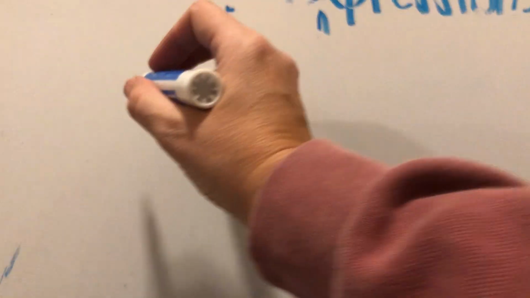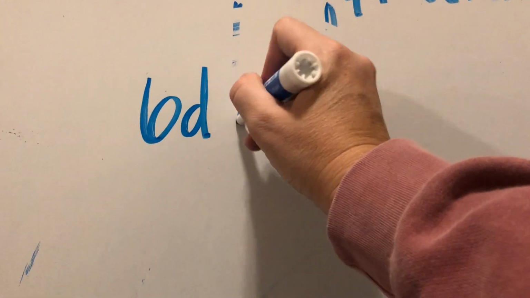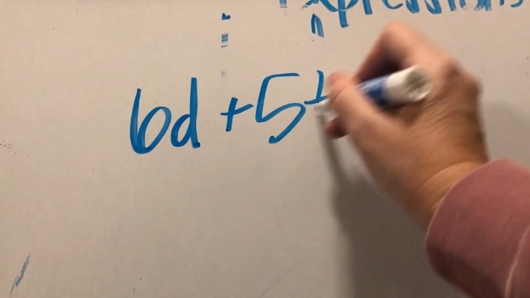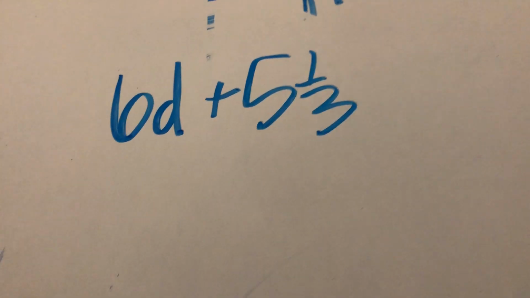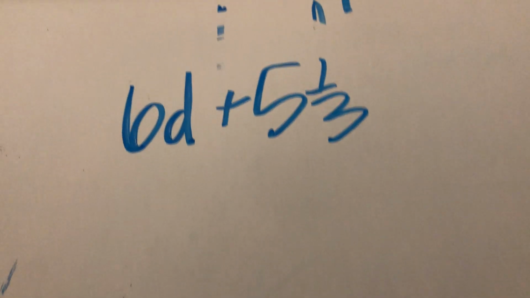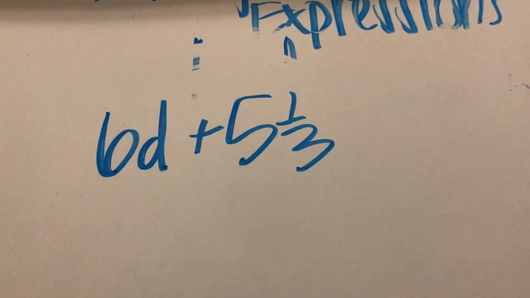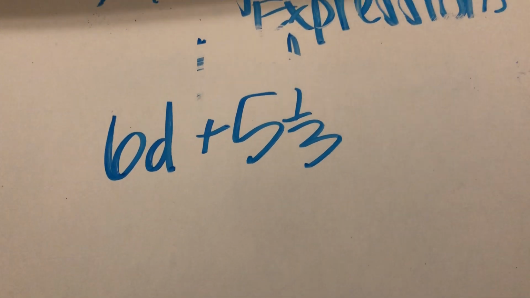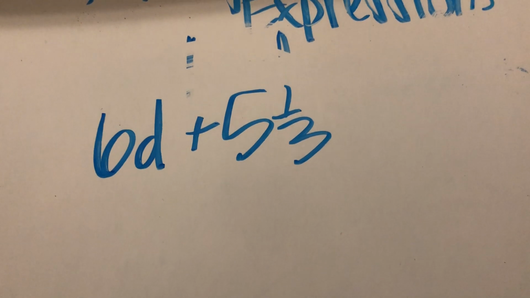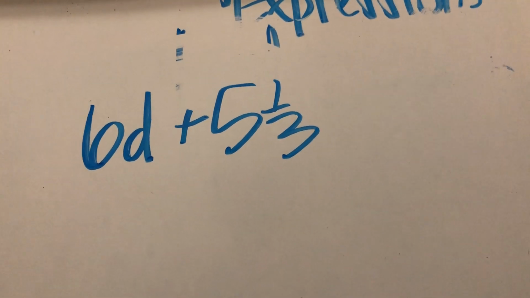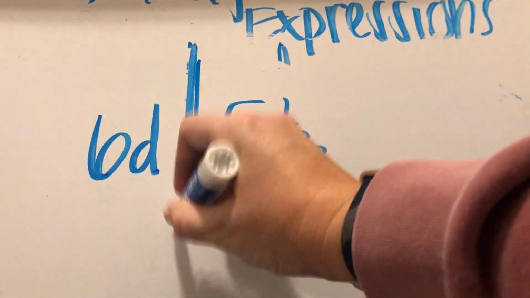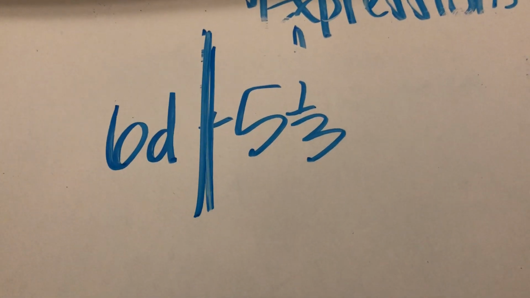Okay, let's look at this one. 2d plus 5 1/3. So the first question that I have for you is how many terms are there in this expression? So we're going to think how many parts are separated by our addition sign. So here we have one addition or subtraction sign.